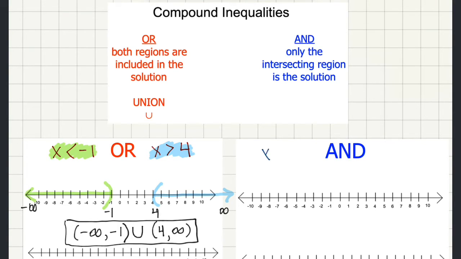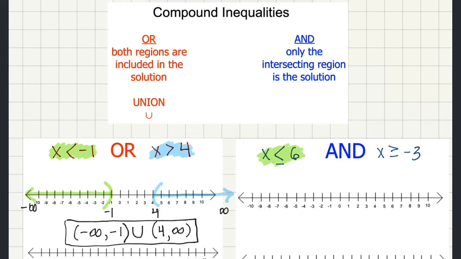So here we have two inequalities. We'll say x is less than or equal to, let's say 6, and x is greater than or equal to, let's say -3. Now the equal to part is going to change just a little bit what's happening.